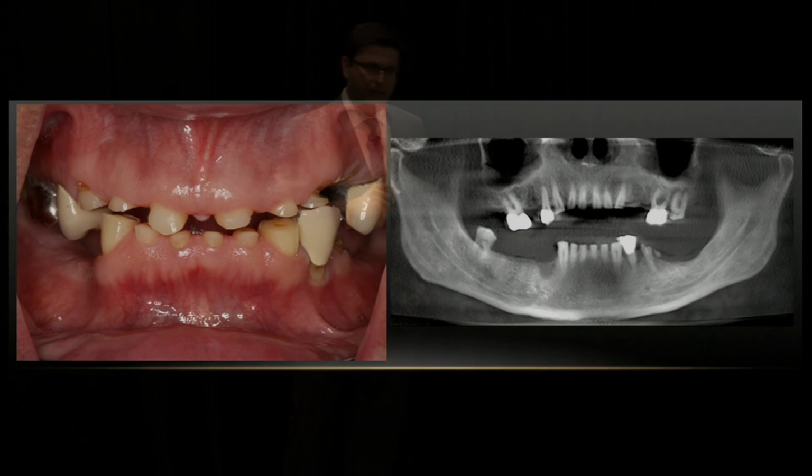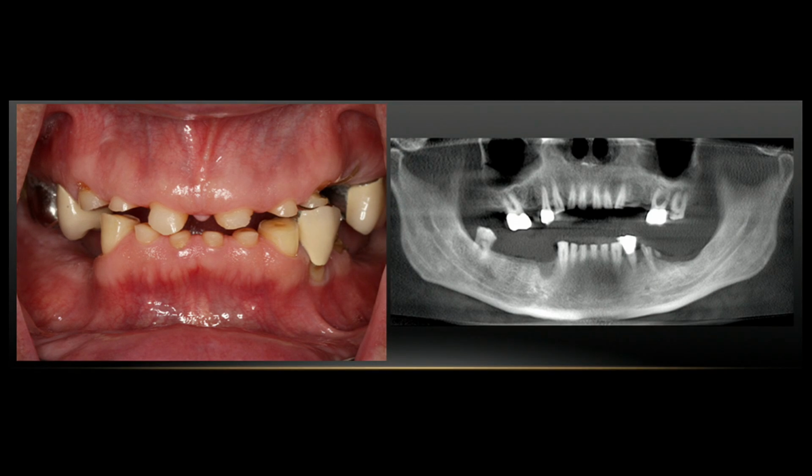So let's look at a representative case. Let's call this Vincent, who presents to you like such. You can clearly see that there's not enough space to do anything, let alone put implants in. So this space has to be created surgically. Some of it can be done with opening of the bite, but most of it has to be created surgically.